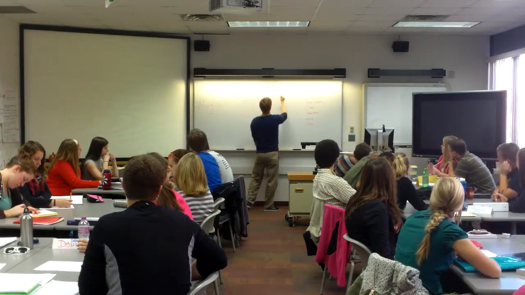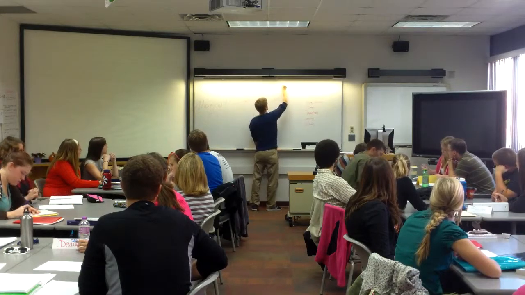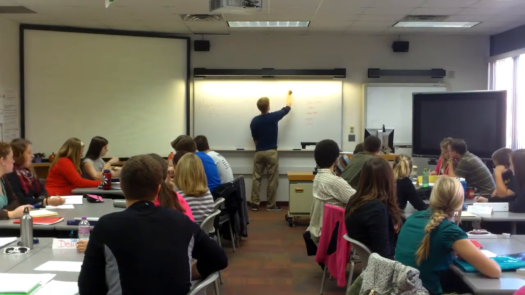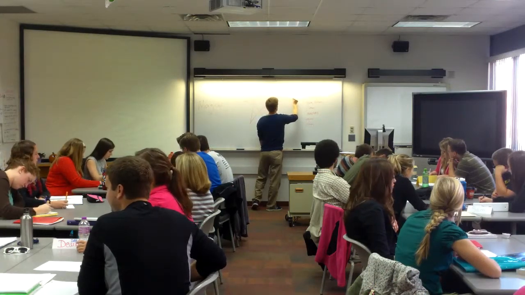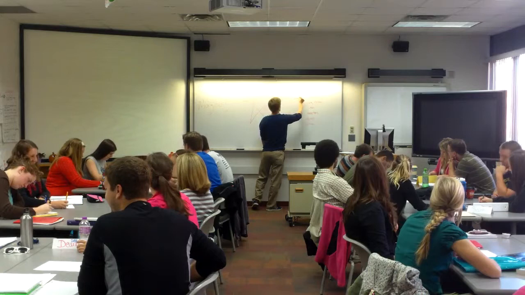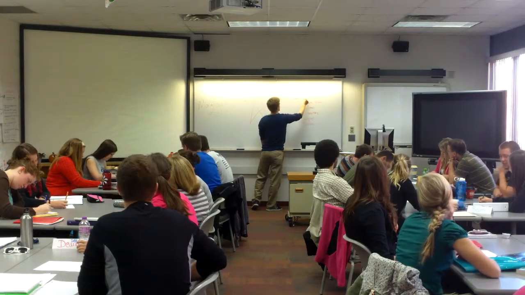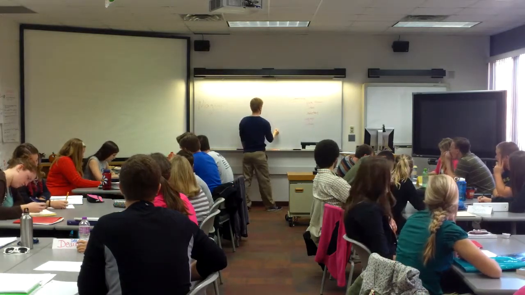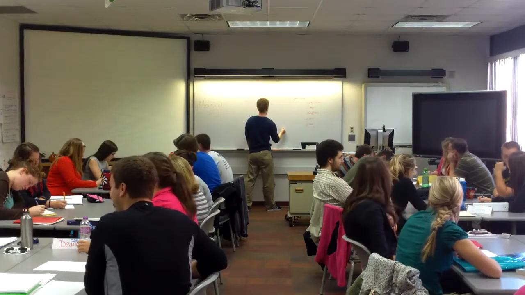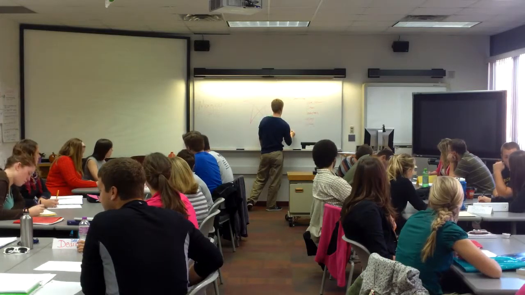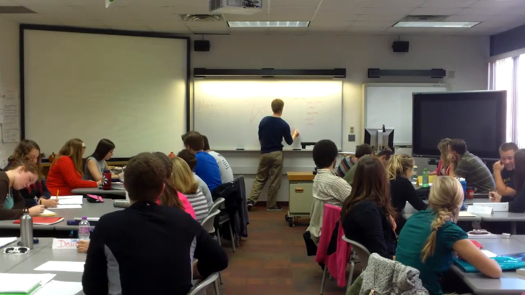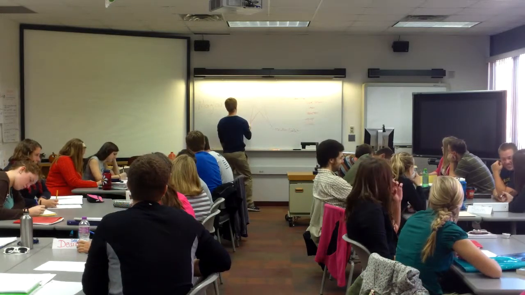So we have characters, right? And another way to think about this is the who of the story. We also have setting, right? So this is where and when. And then we also have the resolution / conflict. Plot.